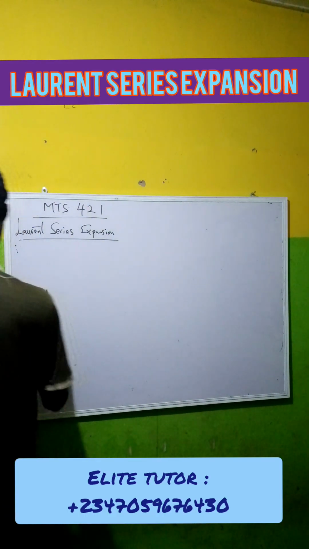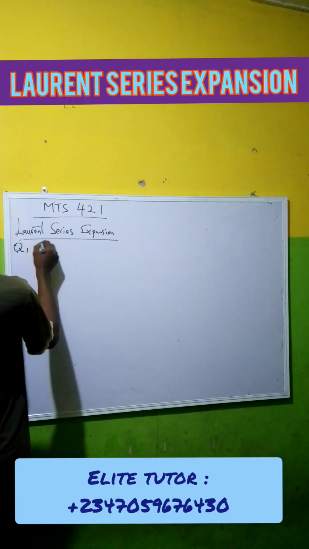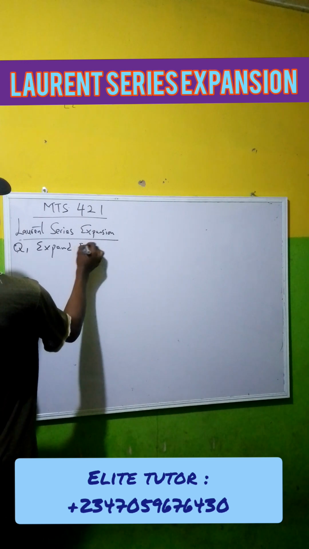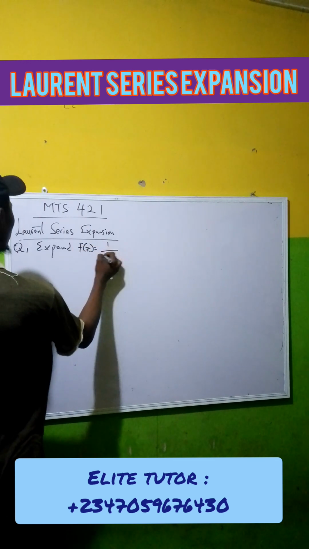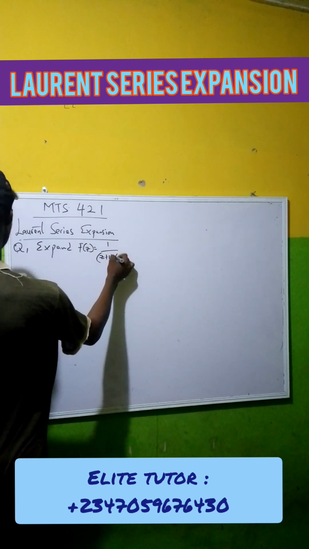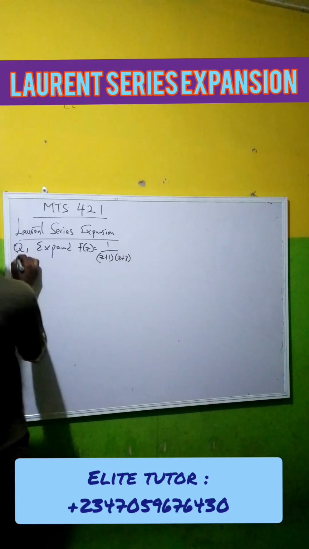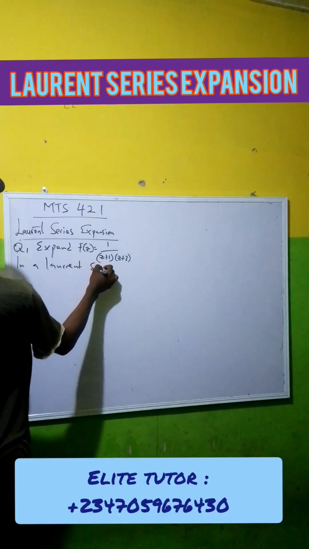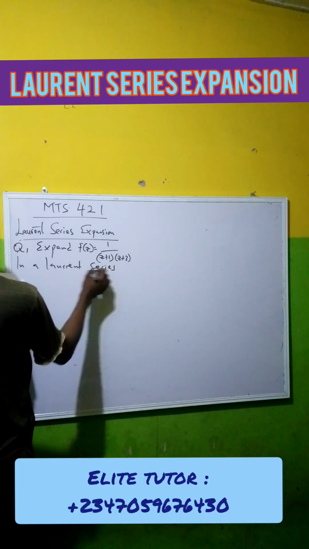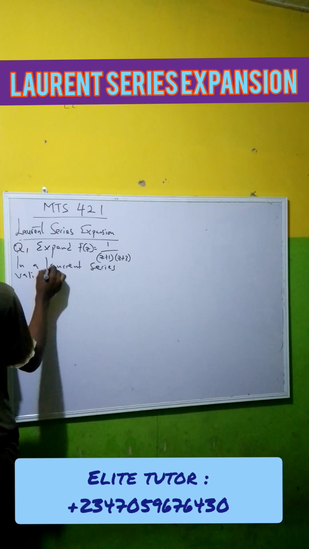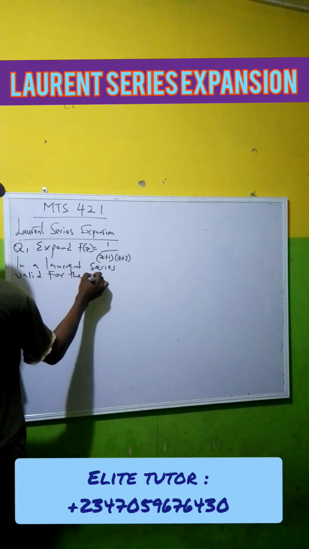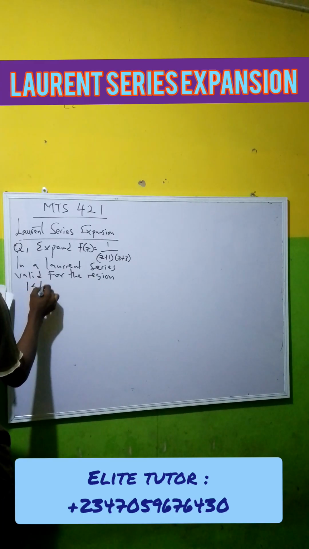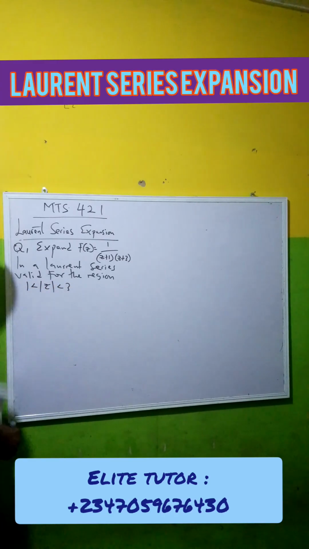Alright, so we have the first question, Q1. Expand the analytic function f of z equals 1 over (z plus 1)(z plus 3) in a Laurent series valid for the region 1 less than |z| less than 3.